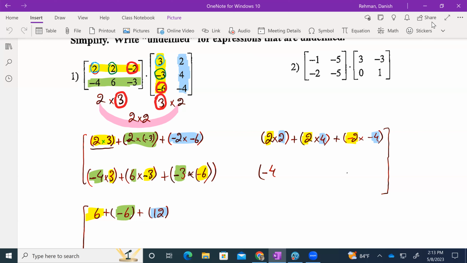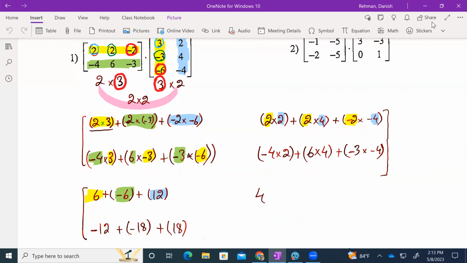For my multiplication, 6 3s are 18. And then plus 18. That's how I will write it down. 4 plus 8 plus an 8. And then a -8. And then, let me bring it up a little. -8 plus 24 plus a 12.